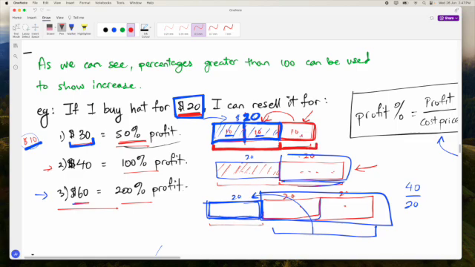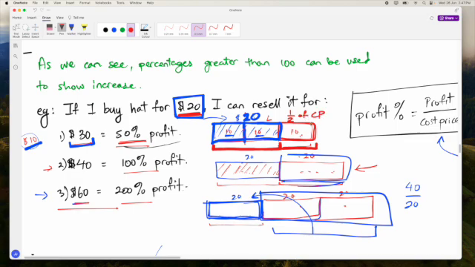So you made half the amount of the original price that you paid for it. You made half of the original or the cost price.